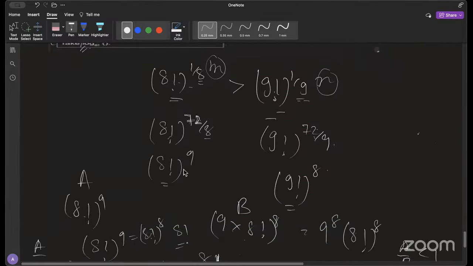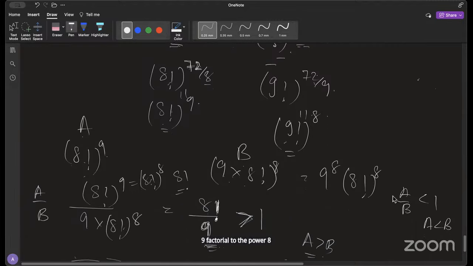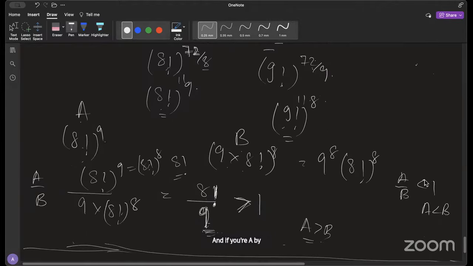That means it's the same. That means comparing these two is the same as comparing 8 factorial to the power 9 and 9 factorial to the power 8. So if you consider 8 factorial to the power 9 as A, 9 factorial to the power 8 as B, and if A by B is less than 1, it means A is less than B, right? And if A by B is greater than 1, this means A is greater than B.